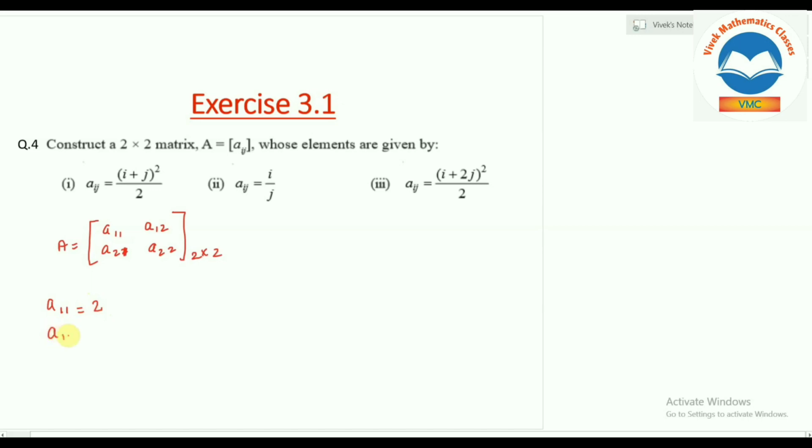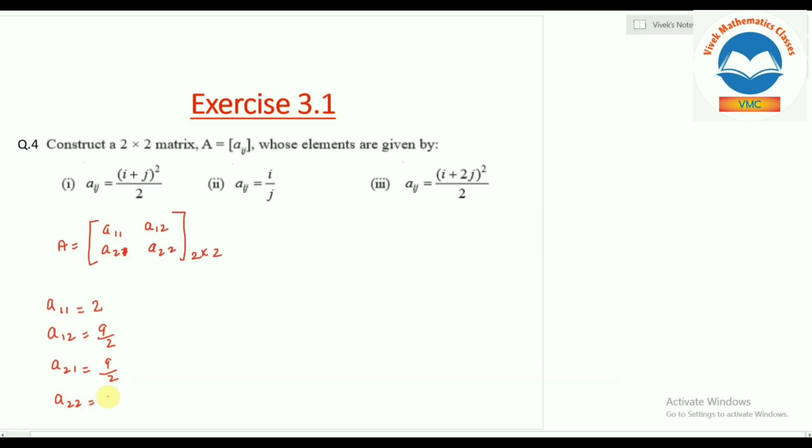Similarly, A12 means 1 plus 2 is 3, 3 squared is 9, by 2. Next, A21: i value will be 2 and j value will be 1. So 2 plus 1 is 3, 3 squared is 9, by 2. Next, A22: i and j both will be 2.